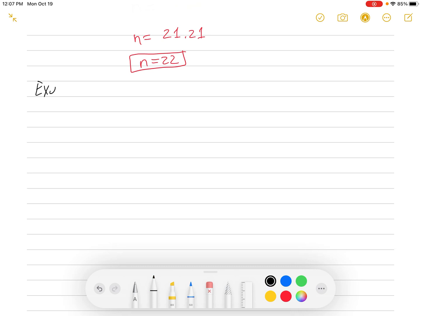Okay, let's do another example. Just for practice, another exercise.